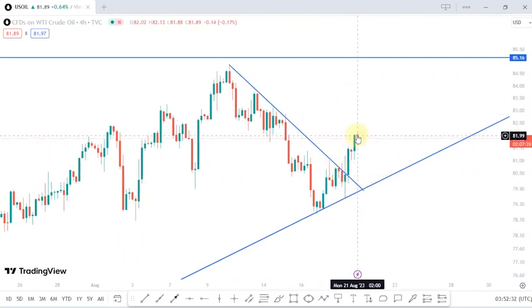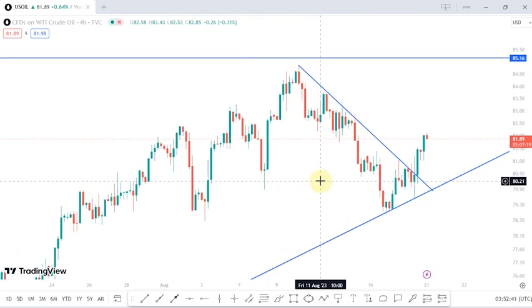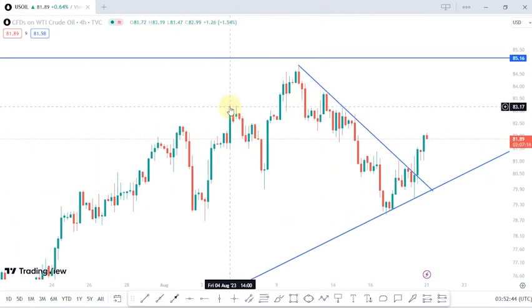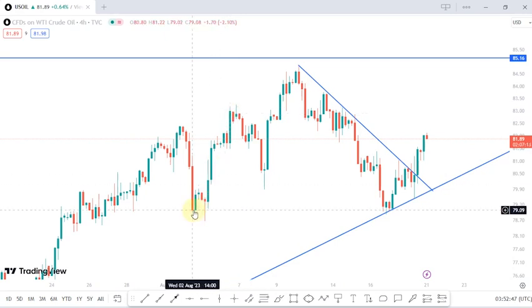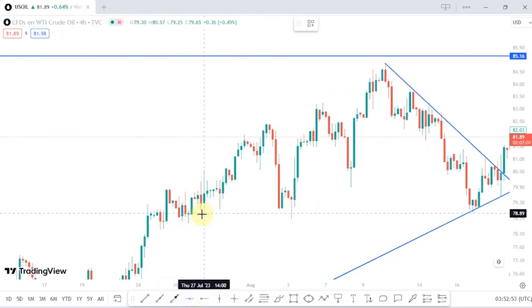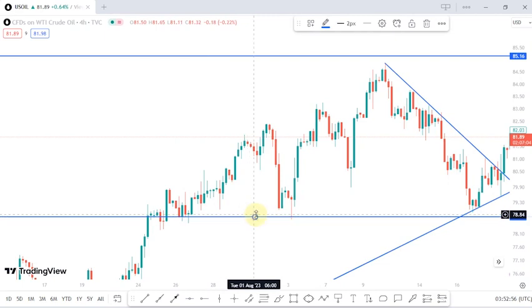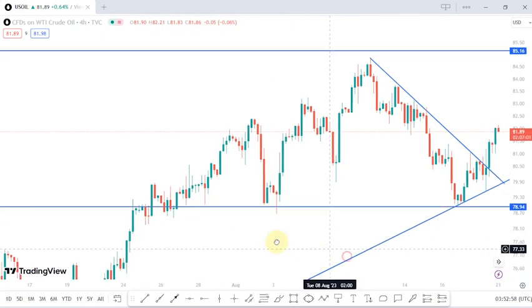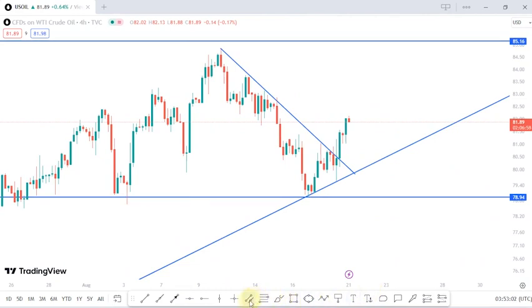Oil has gone far. I would not like to join in this trade. I have to wait for a retracement. So before I can jump on this trade, that is what I need to see.